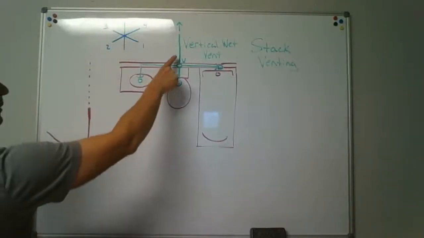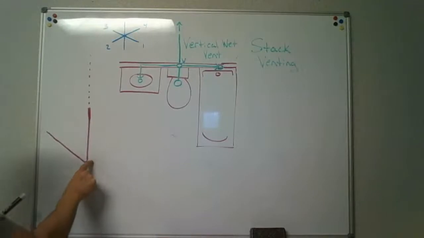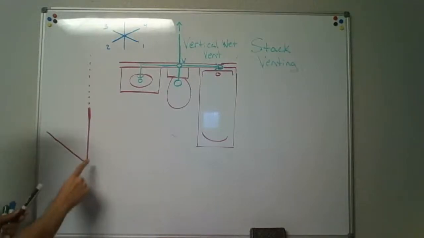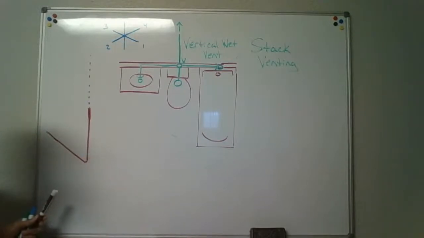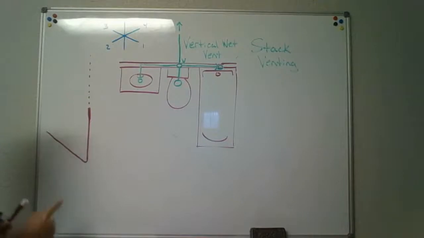Now, if that is going out in the direction of angle 3, the next thing that we're going to plumb in is, what is the lowest thing on this stack? What is it that's going to be right down here? We said that the lowest thing plumbed in was going to be the water closet. The water closet. Now, we've already chosen our angle by when I drew my first horizontal line.